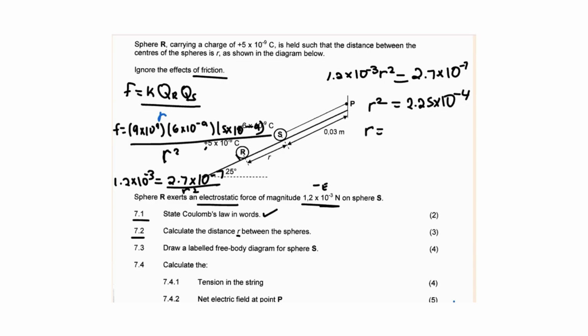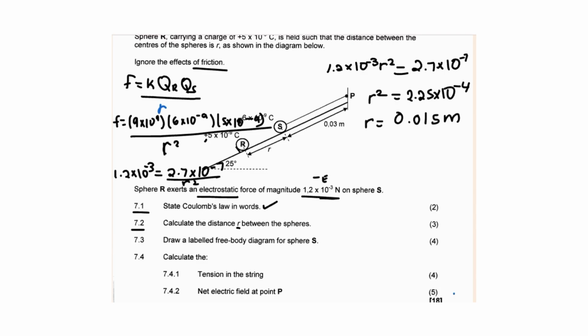So if I square root 2,25 times 10 to the power negative 4, that gives me 0,015 meters. So we have gotten r to be 0,015. So r there is 0,015 meters.